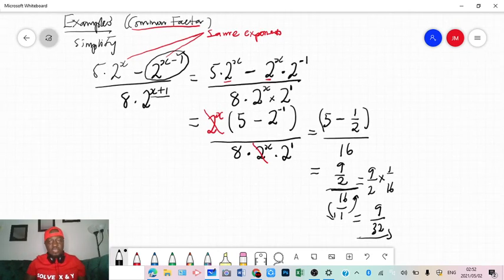So guys, that is example 3, which has to do with a common factor. A common factor that you easily take out and then you simplify further what is in the question. The example 4 that I'm going to work out with you is a little bit complex, but it's still grade 10 content.